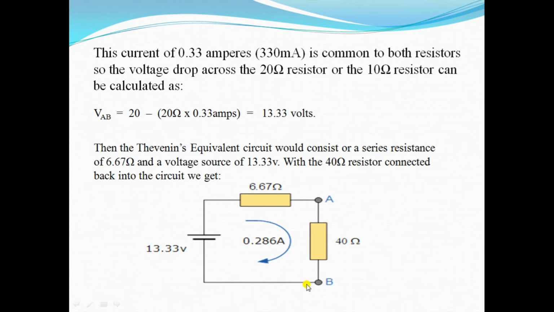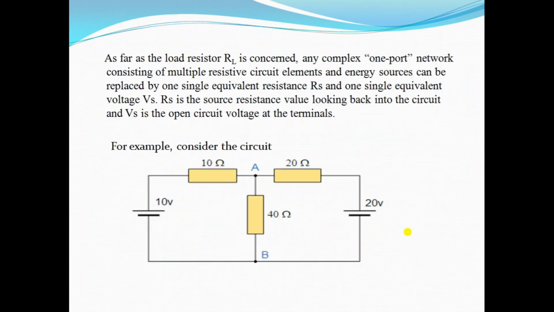Then place the load resistance of 40 ohm as it is in the third step. Whatever load resistor we have in the third step, we have to replace it as it is.